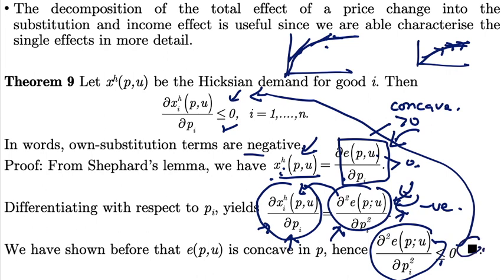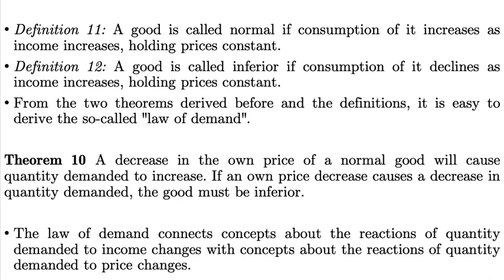Now, let's look at another thing, because all of this has something to do with the law of demand. Definition 11: a good is called a normal good if consumption of it increases as income increases, holding prices constant. This basic definition you have heard in your first year of your first degree.